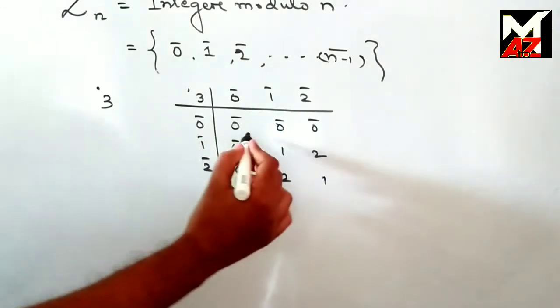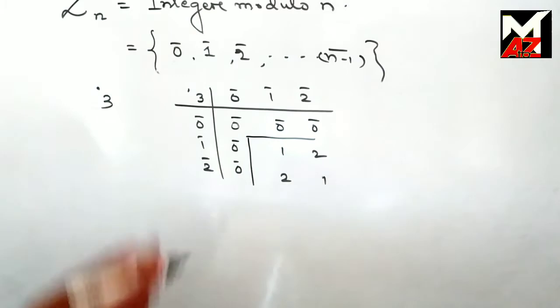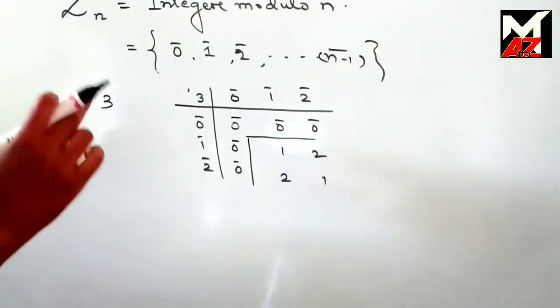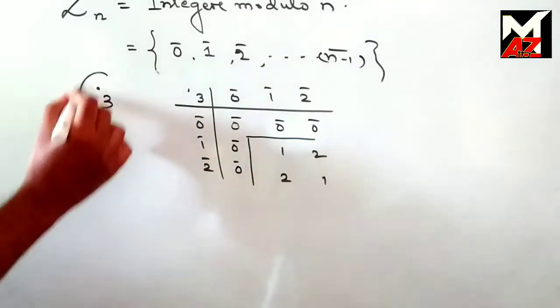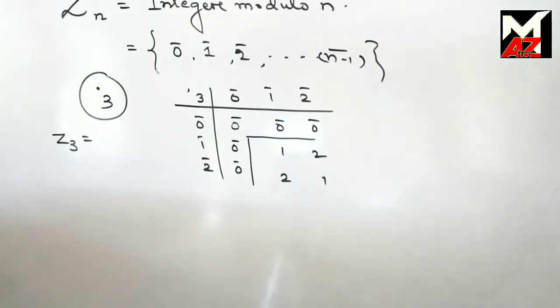Clearly from the first row and first column we say that this set, that is Z3, is not a group with respect to dot 3, that is multiplication modulo 3.